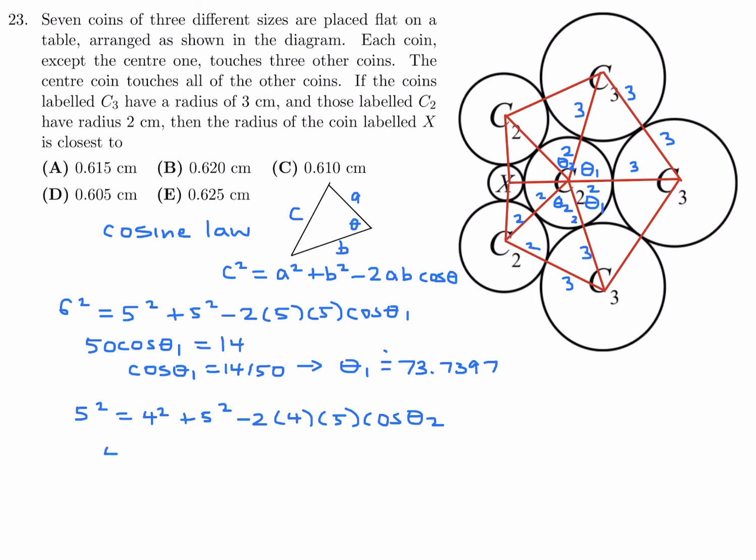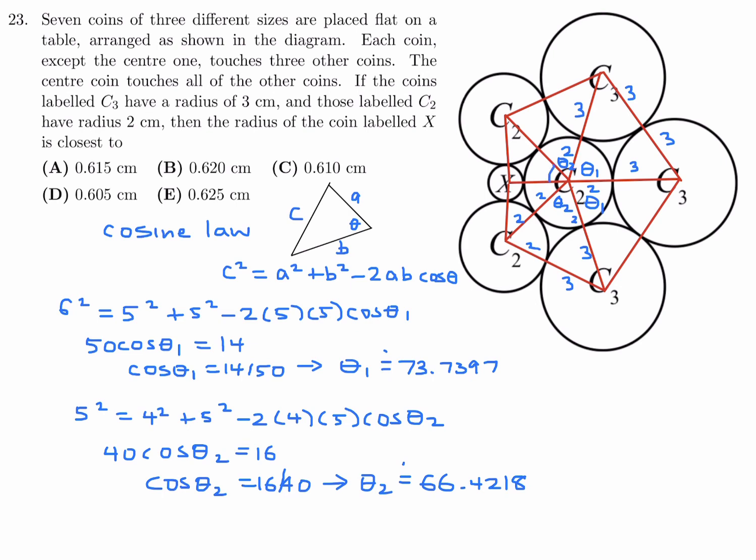So that means 40 cos theta 2 is equal to 16. Cos theta 2 is 16 over 40. And therefore, theta 2, when you do this with your calculator, 66.4218 approximately. All right, great.